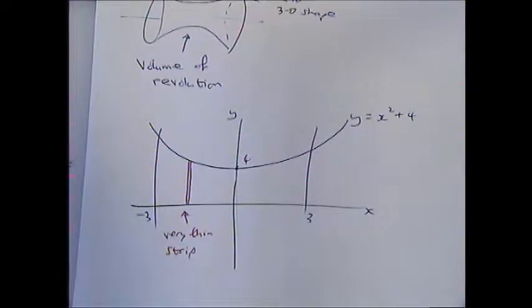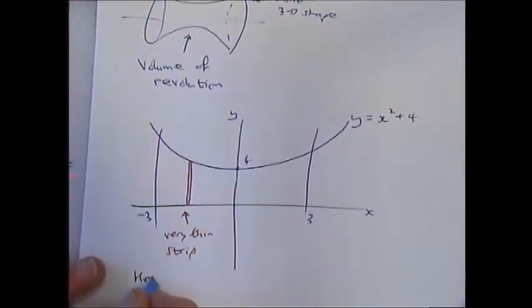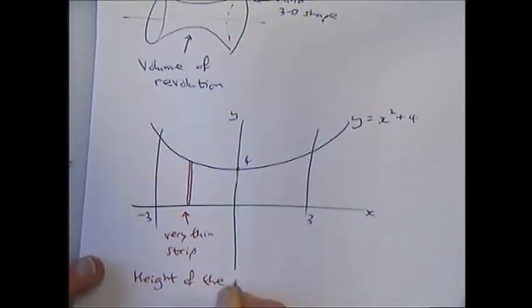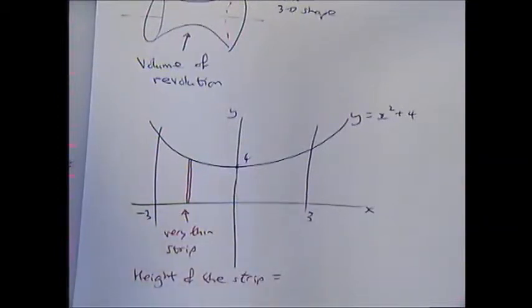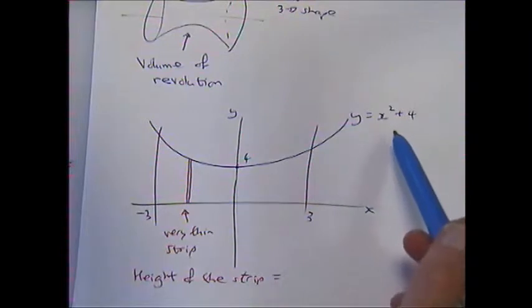What is its height? What is the height of the strip? You really haven't got to say very much to tell me the answer. x squared plus 4. That is the height of that strip.